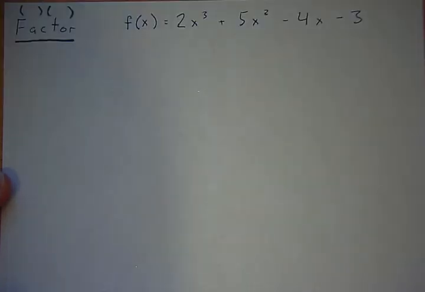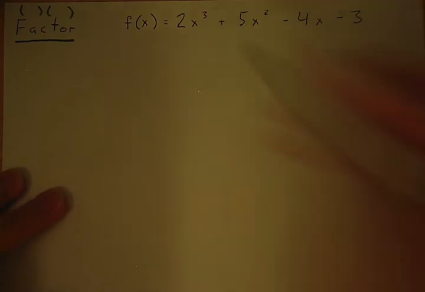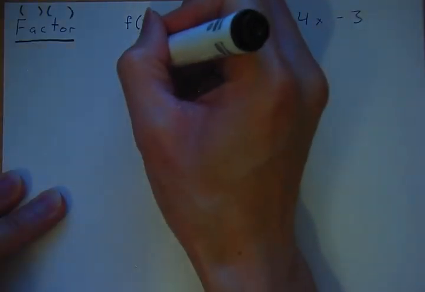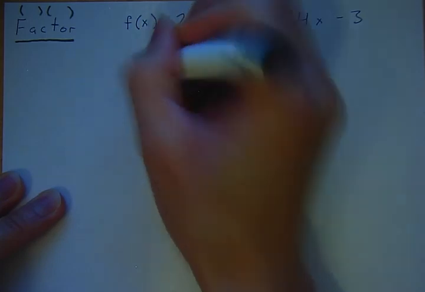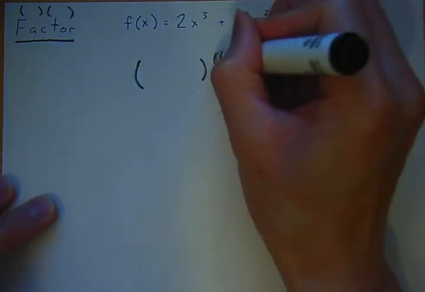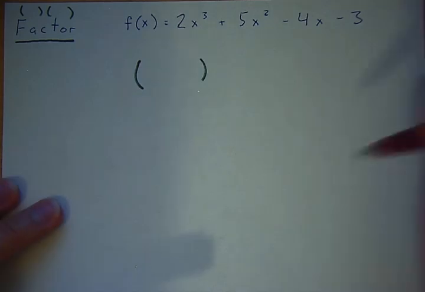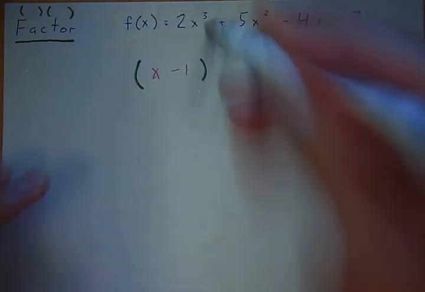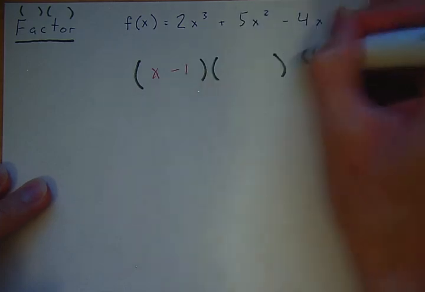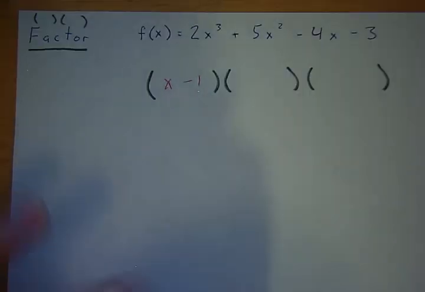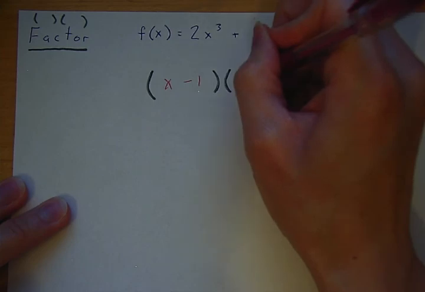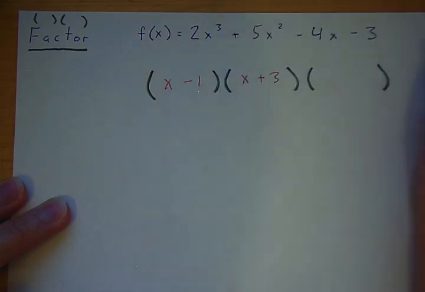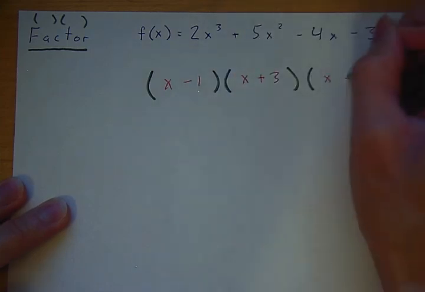So I can write this f of x as x minus 1. I know another one of the factors was x plus 3. I know another factor was x plus 1/2.